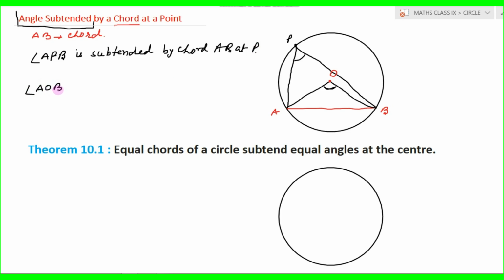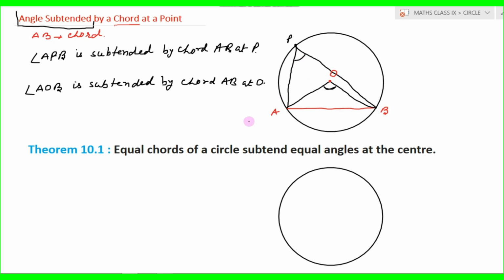Angle AOB is the angle subtended by the chord AB at the point O. So we can say angle AOB is subtended by chord AB at the center O, and angle APB is subtended by chord AB at the point P.